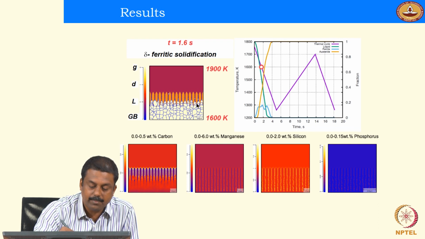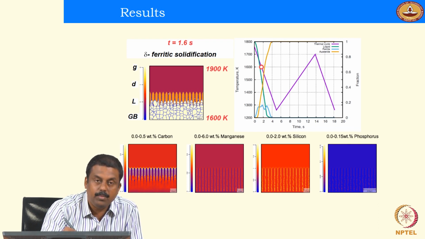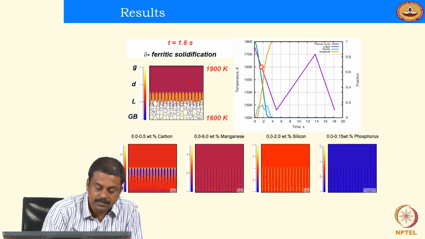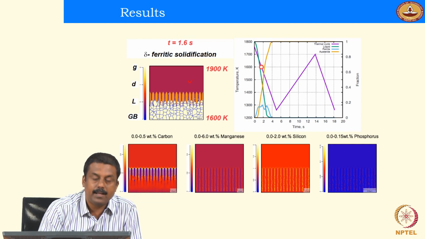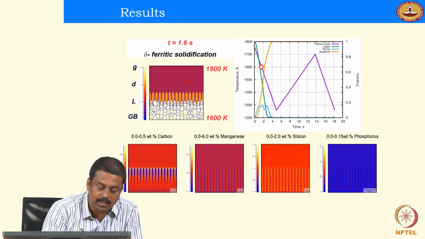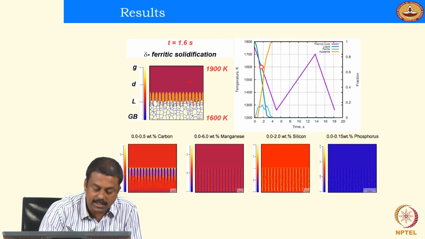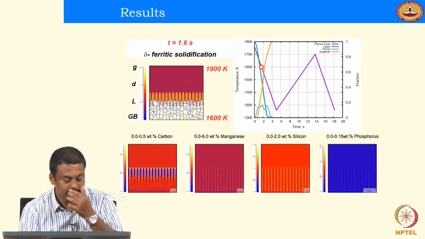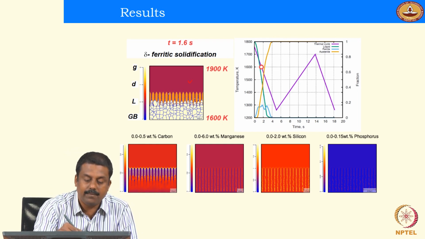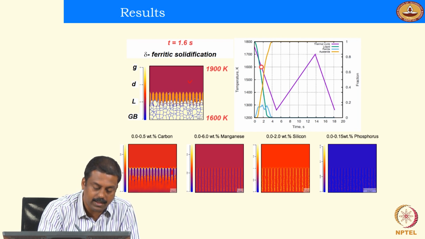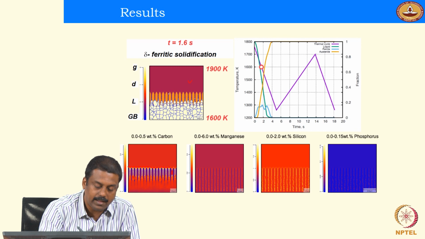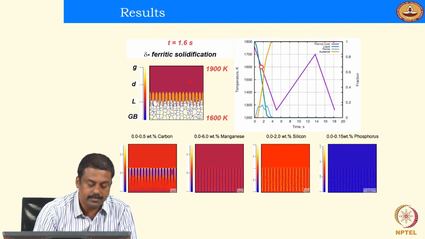Okay, and during this process, because of the solubility difference between delta ferrite and austenite in the liquid, you will have a segregation of carbon, phosphorus, manganese, silicon at the interdendritic boundaries as well as at the liquid front. Okay, so you will have a segregation based on the solubility of the elements in delta ferrite and austenite in liquid, at the interdendritic boundaries as well as at the solidification front, because that is the region where the carbon atoms are migrating from the delta ferrite to the liquid.